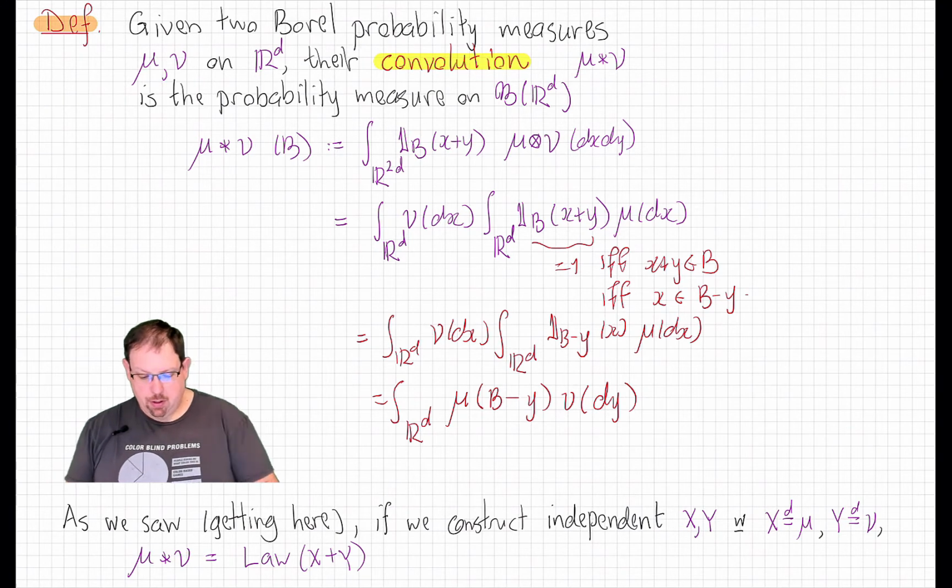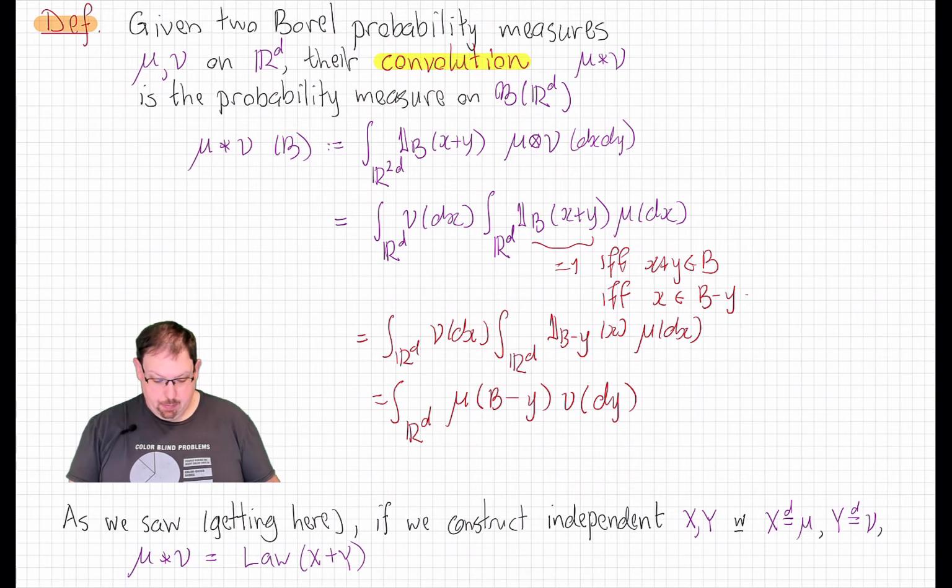Now you might wonder whether there's any question about this being an integrable or even measurable function, but in fact we just proved that it is a measurable and integrable function thanks to this representation and Tonelli's theorem. So this is the most general formula we can give for convolution in this setting.